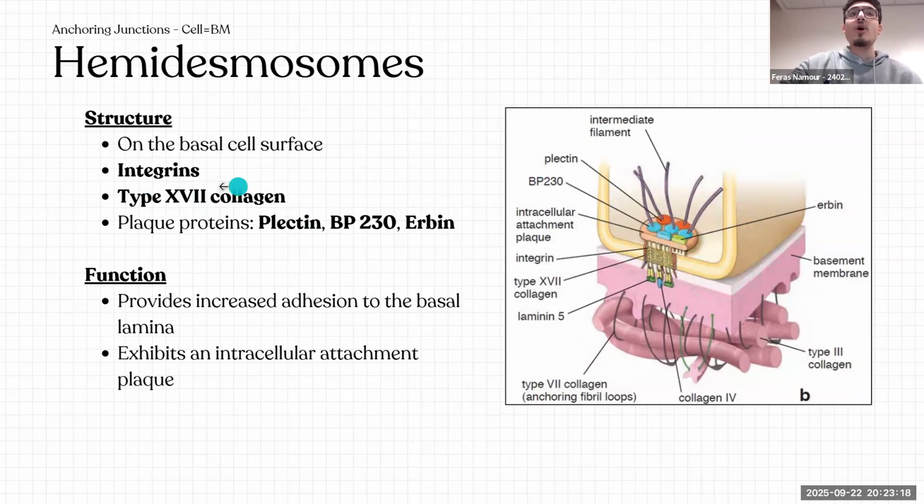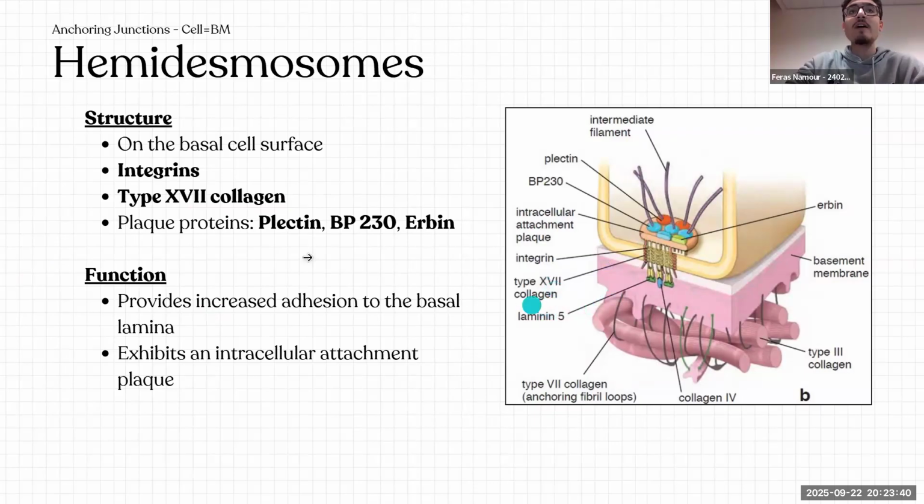That integrin complex was part of my hemidesmosome. So my hemidesmosome will attach my epithelium to my basal lamina. That thing we talked about, integrin and laminin, which cross-links normally, it does that through a hemidesmosome.